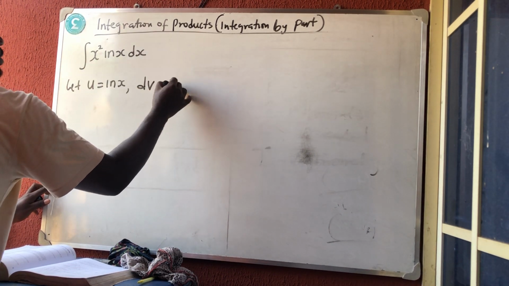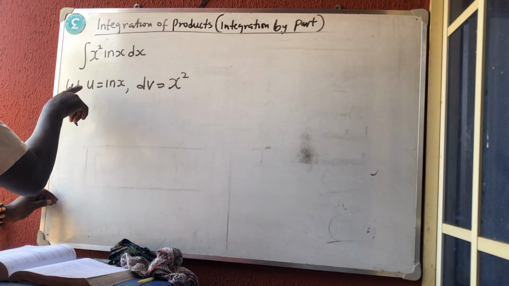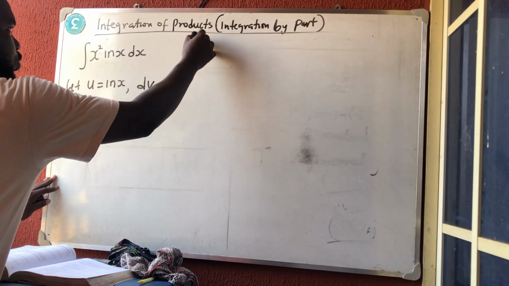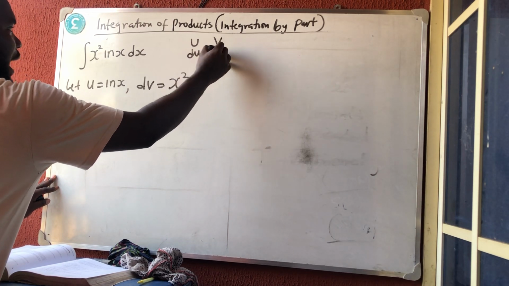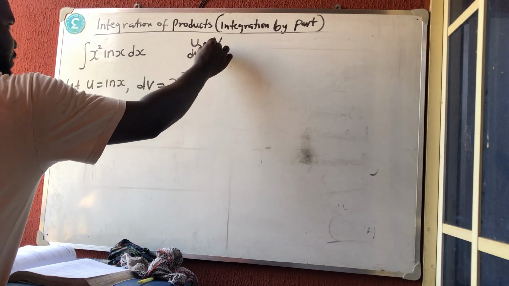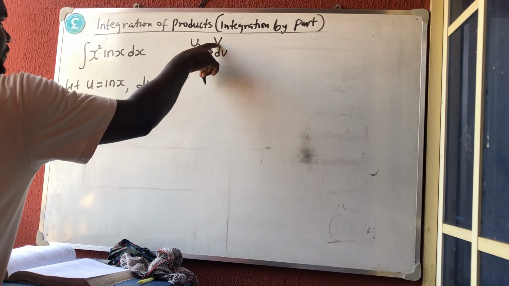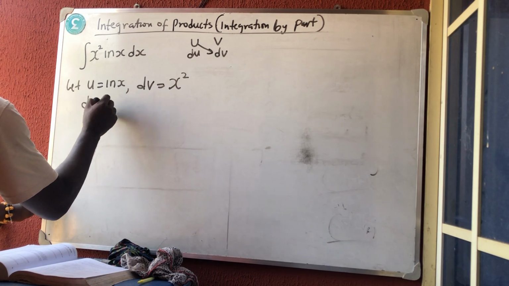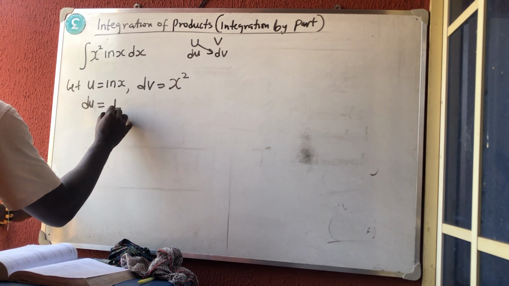My dv is now x squared. So there are four things you need to get: u and v, du and dv. Since I have gotten u and dv, what I need now is v and du. So if I get du by differentiating this, differentiation of ln x is 1 over x.